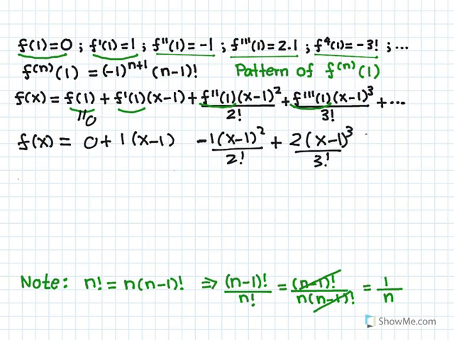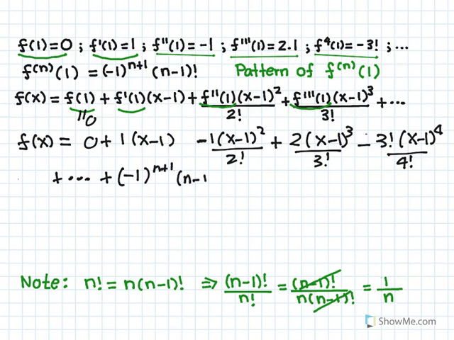And f fourth of 1 is going to be minus 3 factorial times x minus 1 to the fourth, divided by 4 factorial, plus, and so on. And the general term is going to be negative 1 to the power of n plus 1 times n minus 1 factorial times x minus 1 to the power of n divided by n factorial.